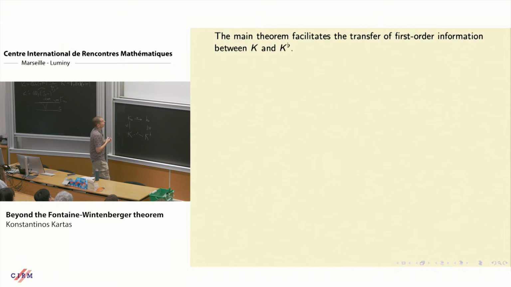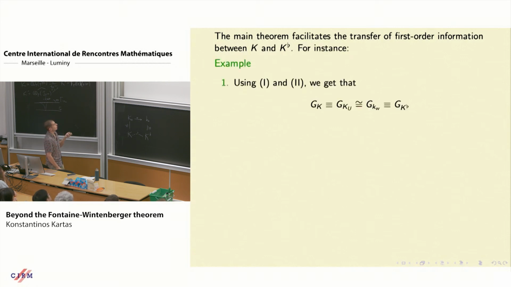Now let me try to explain how one can use this picture, without the moreover part, to transfer information between K and K flat. Just by looking at this picture, one can say that the Galois group of K is elementarily equivalent as a profinite group to the Galois group of the ultrapower, because they have the same theory.